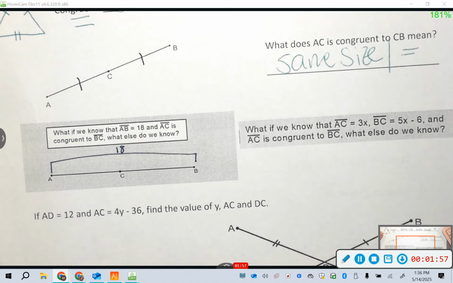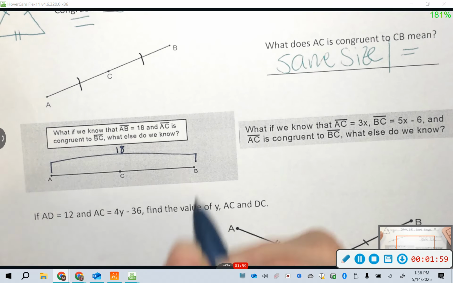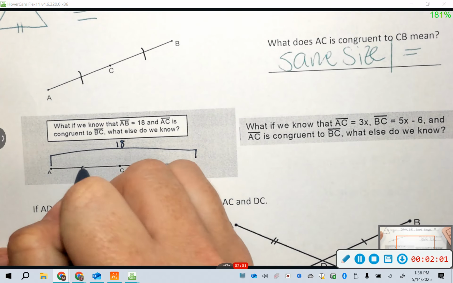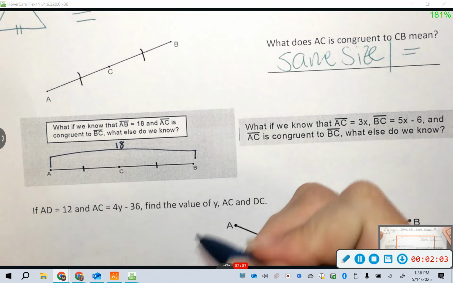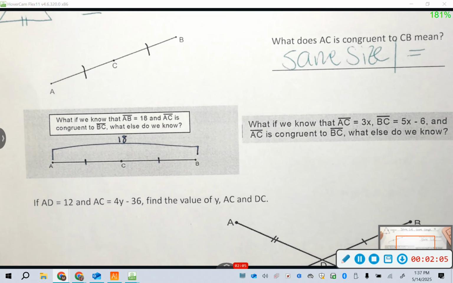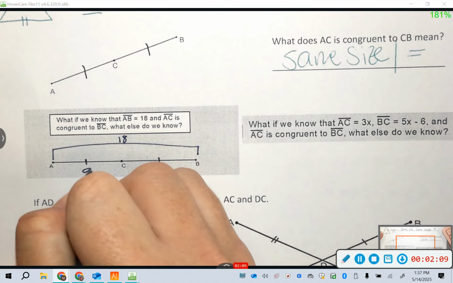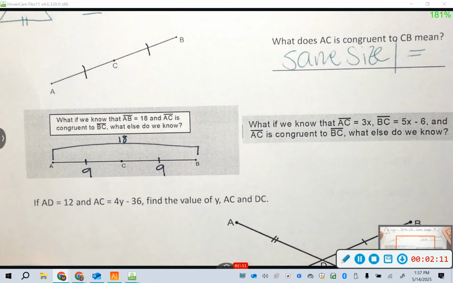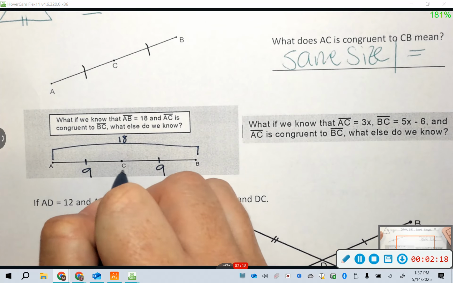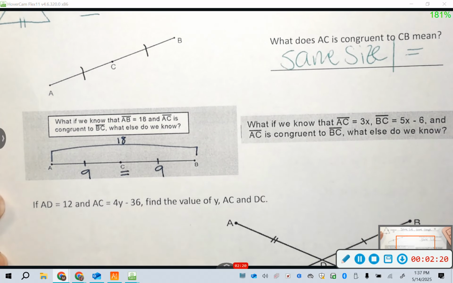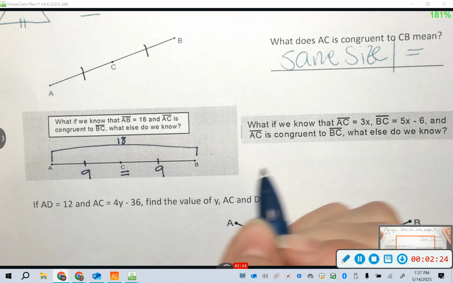Then it says AC is congruent to BC. So AC and BC are the same. So divide that by 2. What would that give you? 9. They're both 9. So again, when you see the word congruent, y'all, that's enough. When you see the word congruent, we know we can put an equal sign in the middle, and it should always make sense.